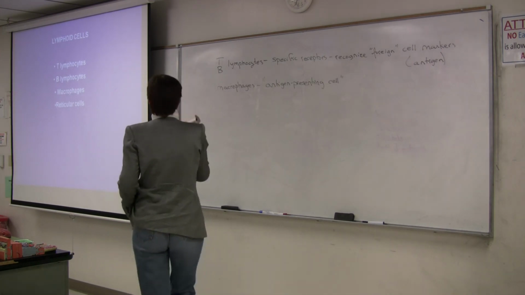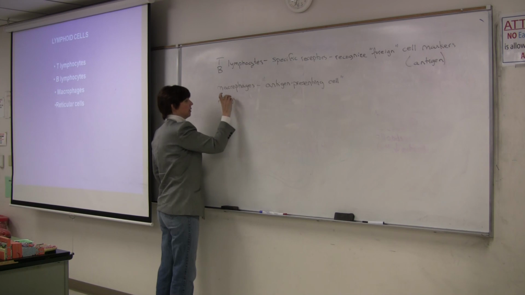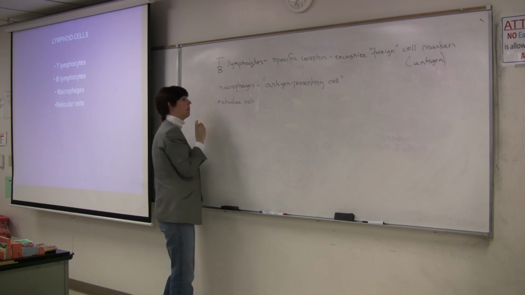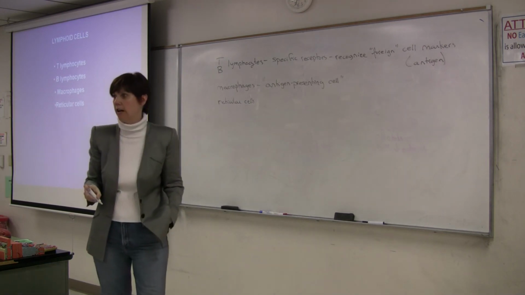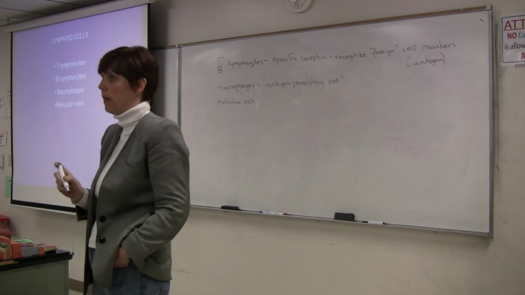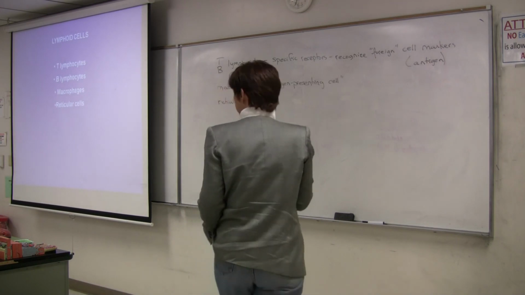All right, anybody remember what reticular cells are? Somebody this morning thought I was talking about the reticulocyte, the red blood cell that still has RER, and it's not that. A reticular cell is a cell that you all know very well by a different name. It's a special form of it.